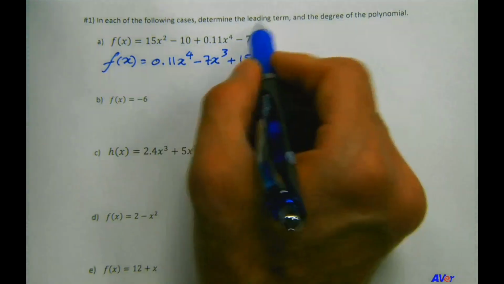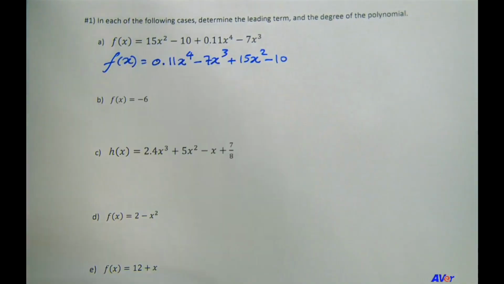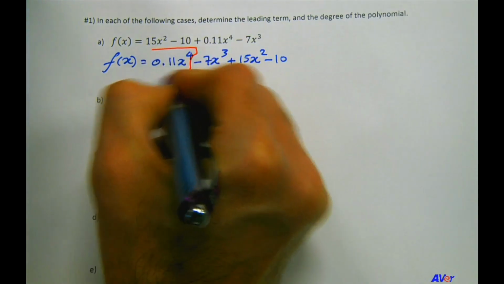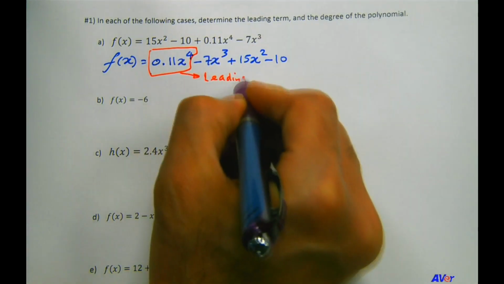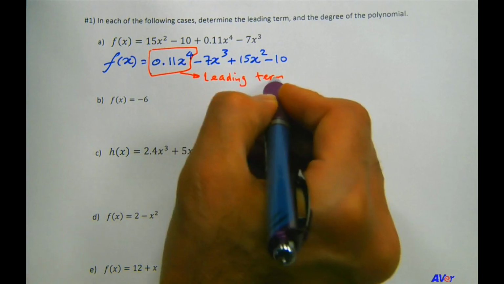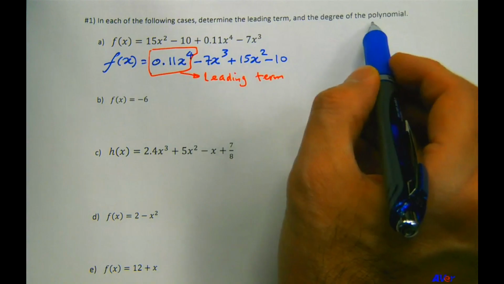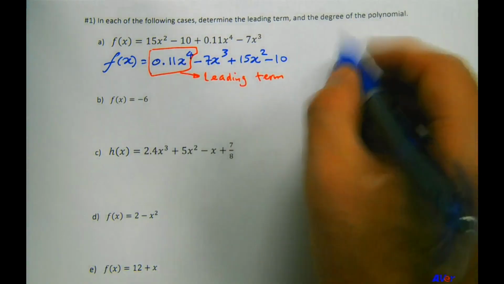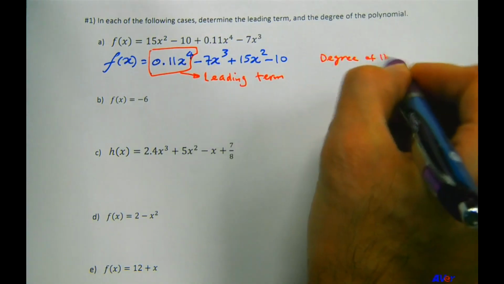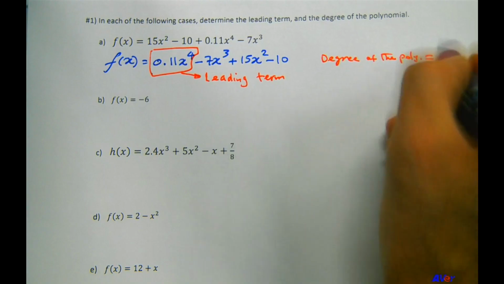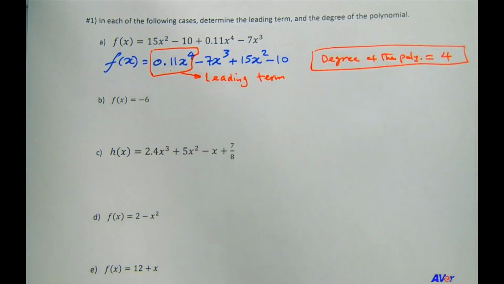So then the leading term in this case is all of this. So that is the leading term. And they ask about the degree of the polynomial. The degree of the polynomial is equal to 4, right? The highest power of the polynomial.